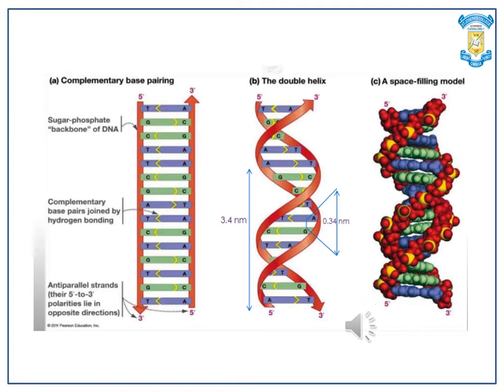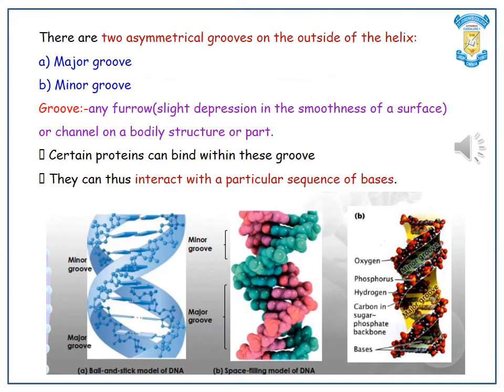This figure shows the complementary base pairing, the sugar phosphate backbones of DNA, and the complementary base pairs joined by hydrogen bonding, and the antiparallel strands, whose 5' to 3' polarities lie in opposite directions. There are two asymmetrical grooves on the outside of the helix, the major groove and the minor groove.